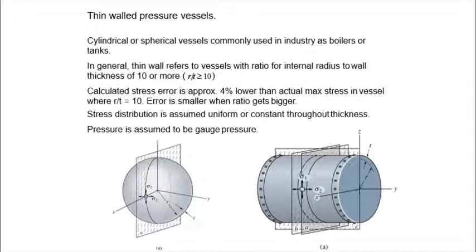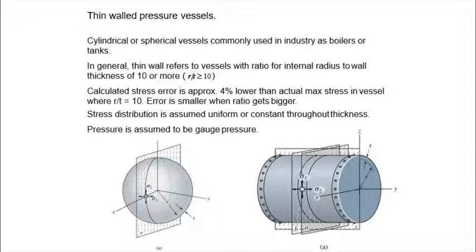Now, if you look around you, you can find quite a number of thin wall cylinders and very few thin wall spheres. Okay, so an example of thin wall cylinders that you can find is the drink can that you buy when you buy your drinks, right?